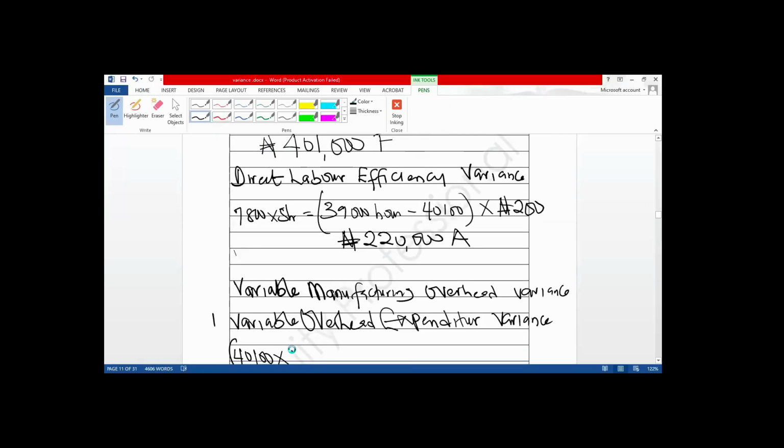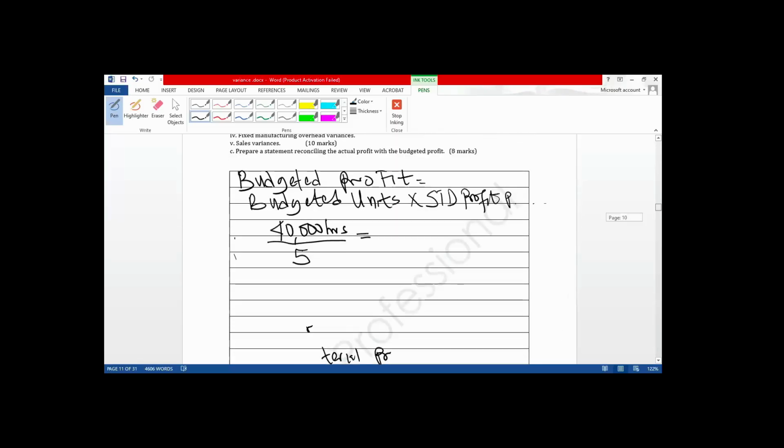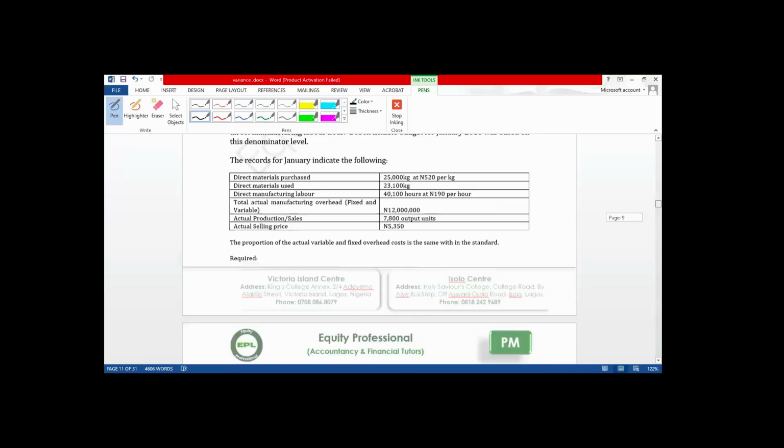Multiply this by 120. You are going to get a figure, minus actual variable overhead. Total actual manufacturing overhead, fixed and variable, 12 million. That means we need to separate it.